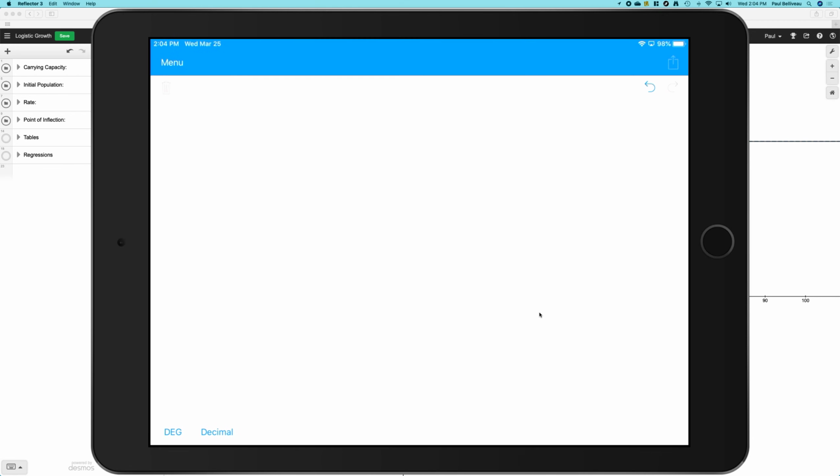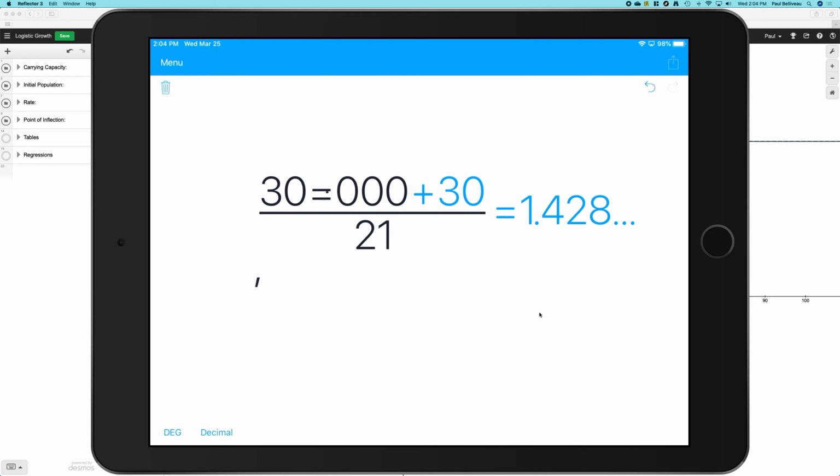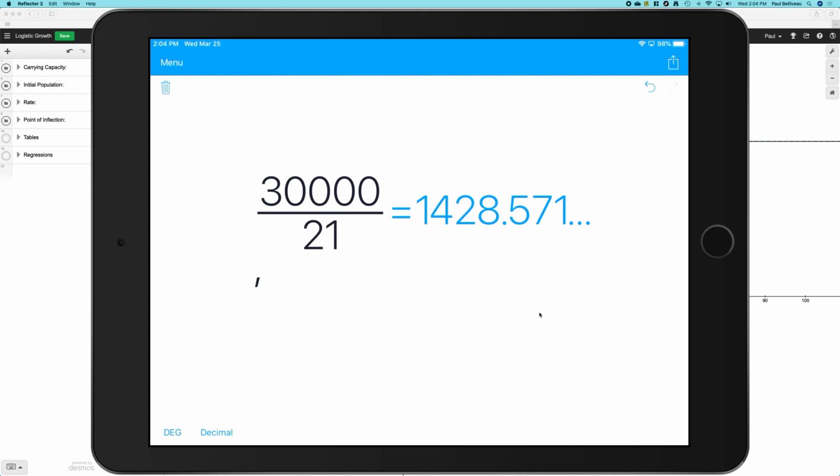So all we need is that number. And what we're going to do is go here and take 30,000 divided by 21. And then we're going to remember that this software doesn't recognize commas. It thinks they're decimals. And so that is 1,428.571.